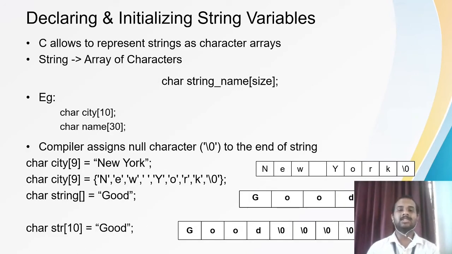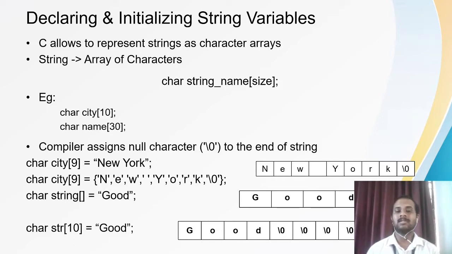Declaring and initializing string variables. Again, C doesn't have a data type called string, but C makes use of the character data type and the array structure to create a character array.